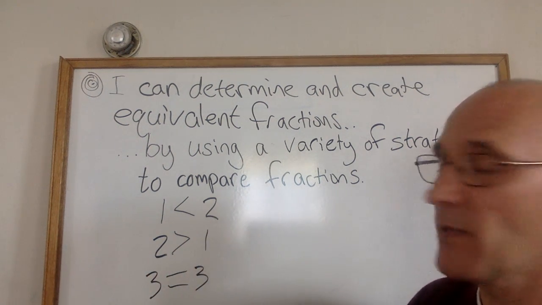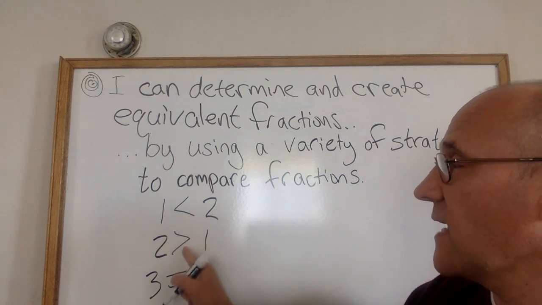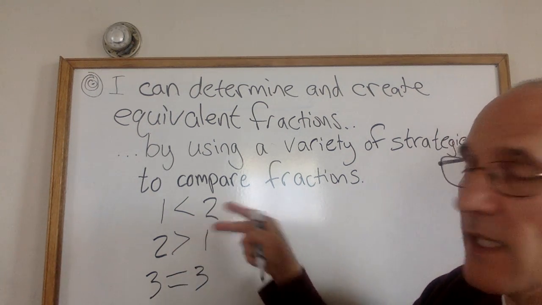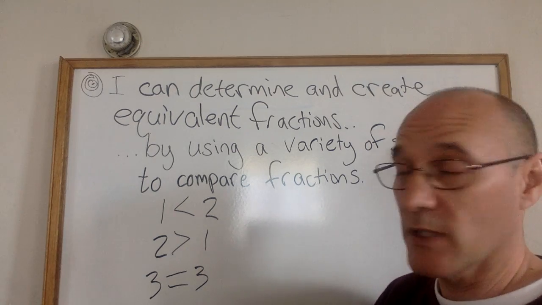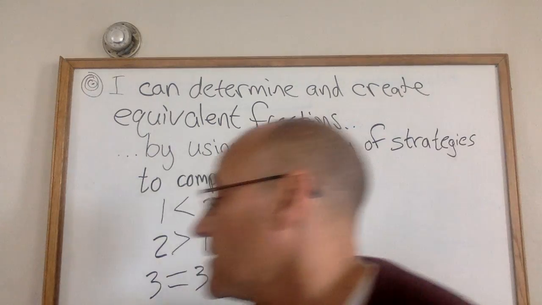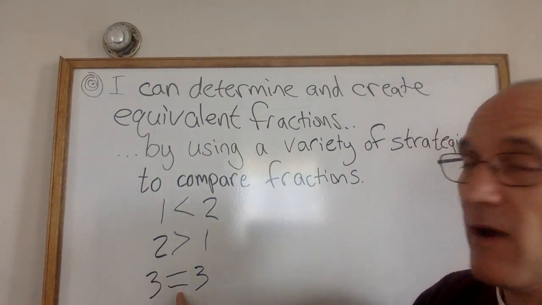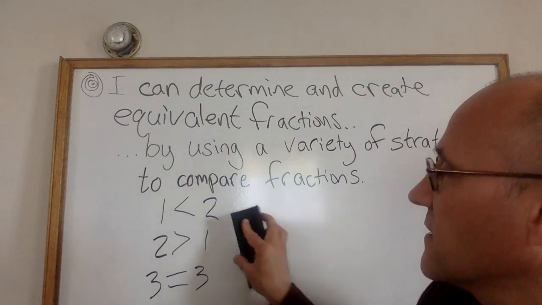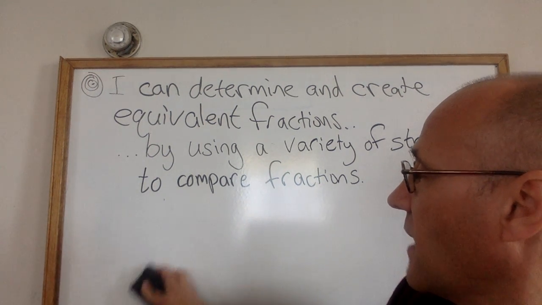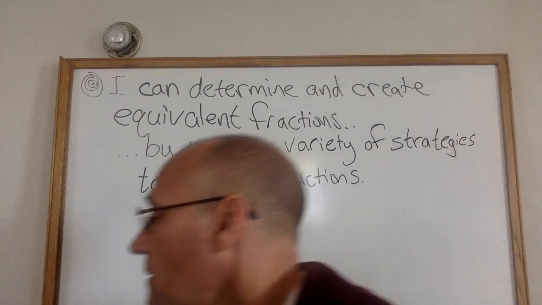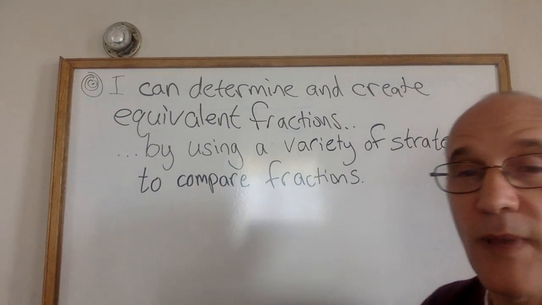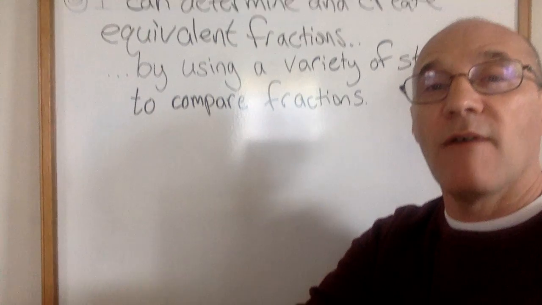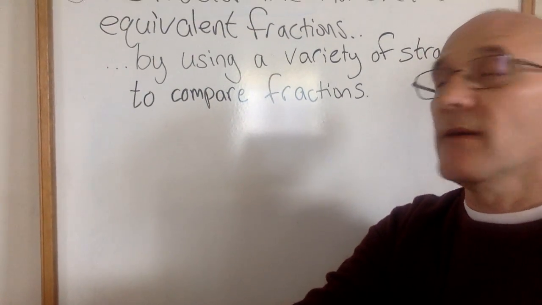We remember equals pretty well. But less than, greater than, or equal to. For the most part, we're looking at which fraction is greater or less than the other. We've already talked about equivalent fractions. Now, the first is comparing fractions that have like denominators.